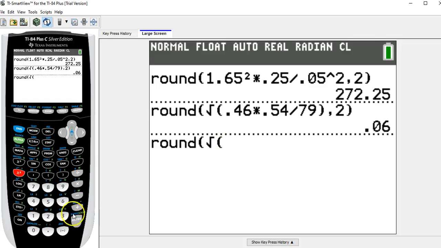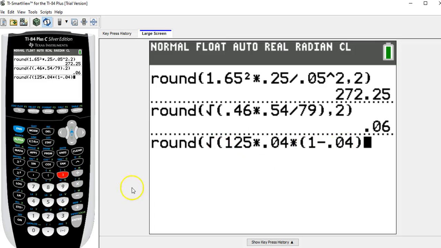And this one said 125 times 0.04 times, and I'm going to put parentheses around the 1 minus 0.04. So now I'm going to close off the parentheses for the 1 minus 0.04.